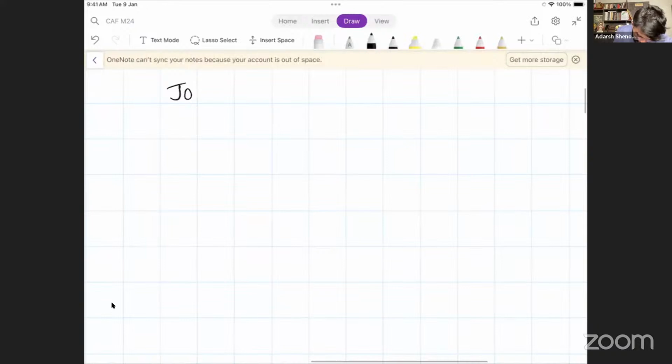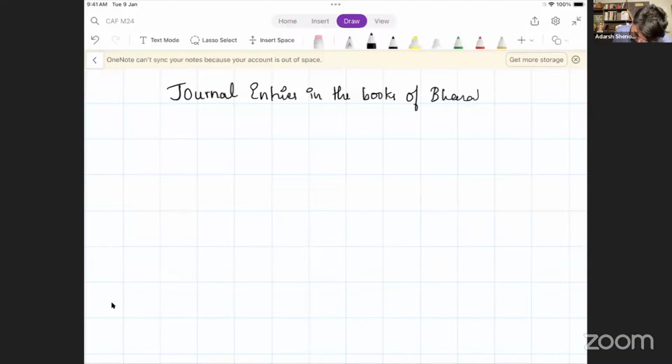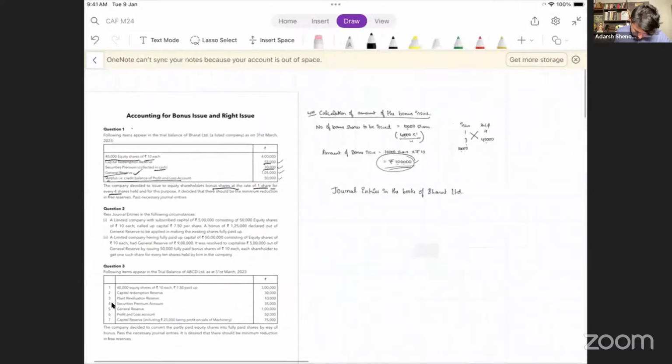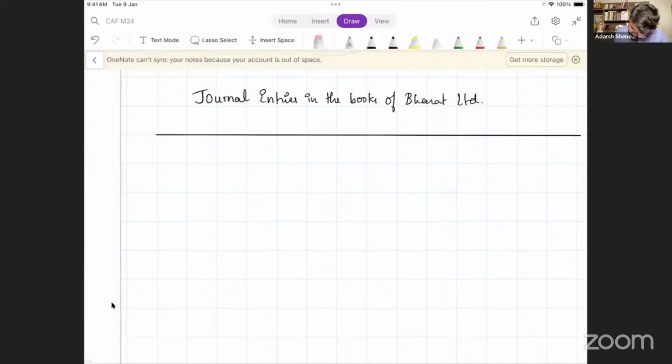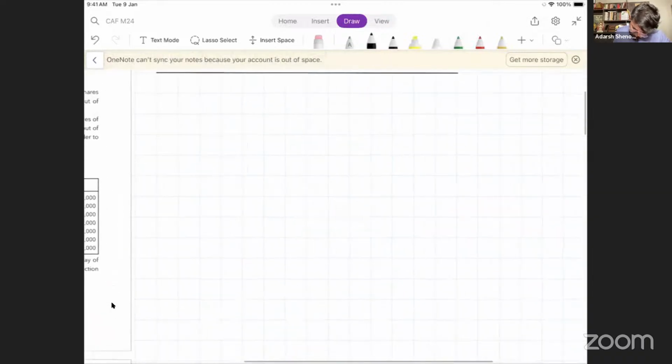Okay, let's write the journal entries. Journal entries in the books of Bharat Limited. Draw the format of the journal. Very small format.